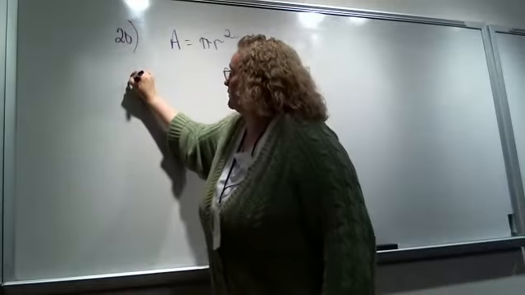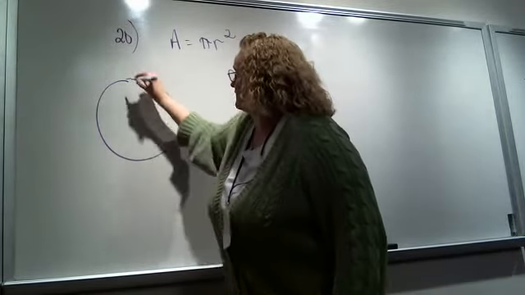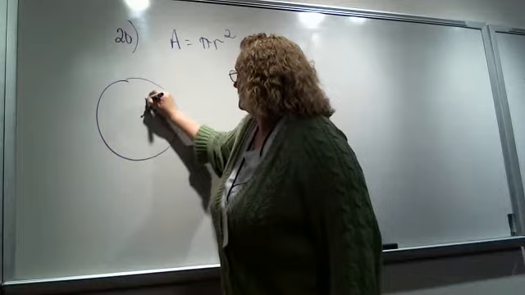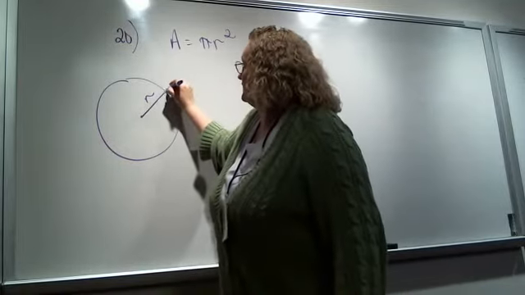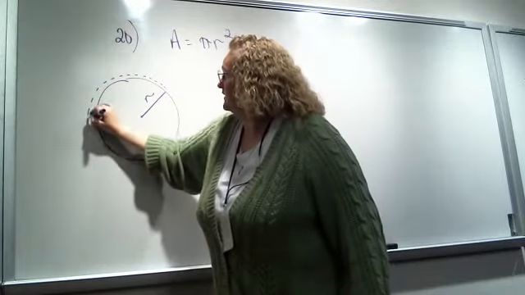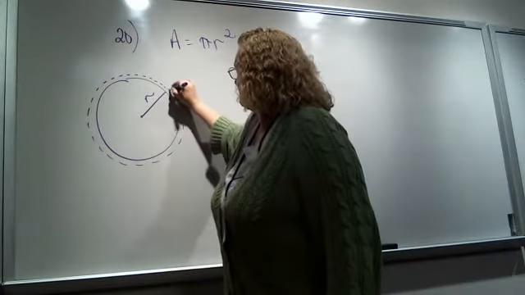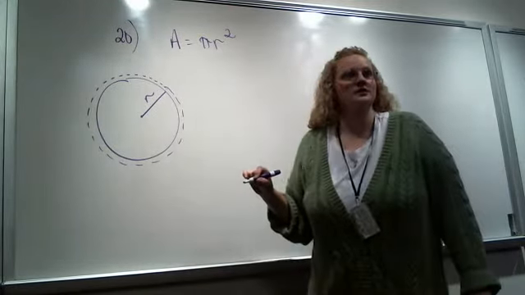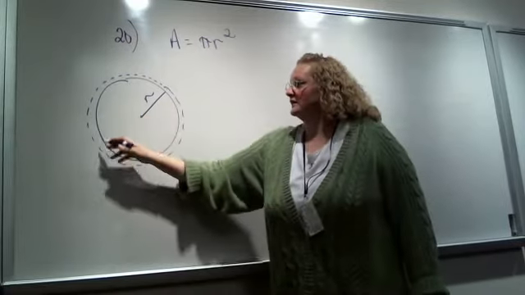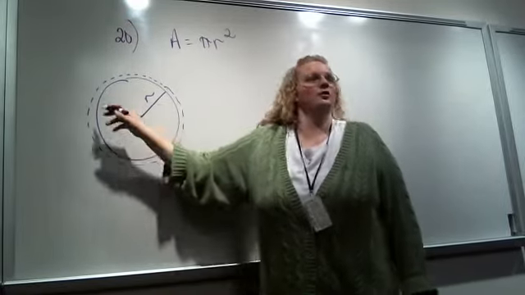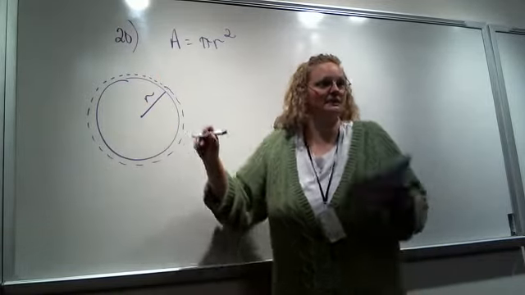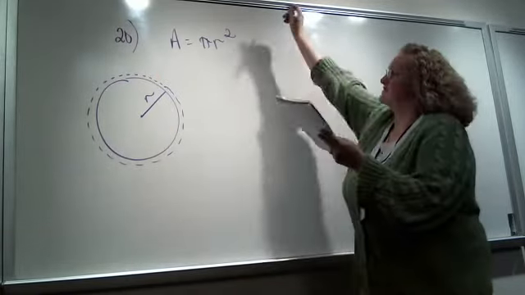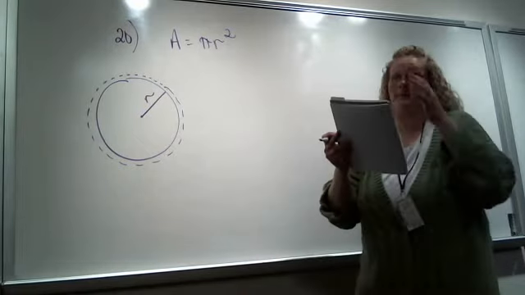So essentially what we have is this metal plate with some radius. In the oven, it expands to this new radius and this new area. And we want to know how fast that area is increasing at that same moment. So what did they actually give us in this problem?